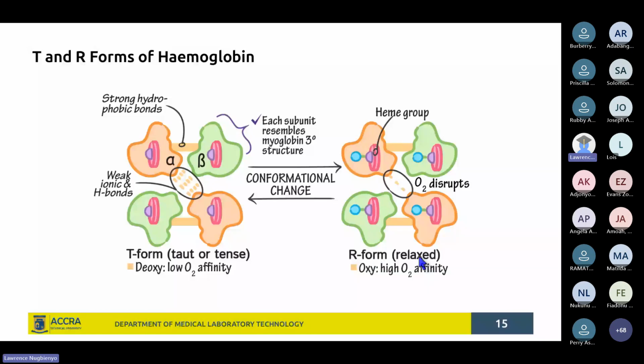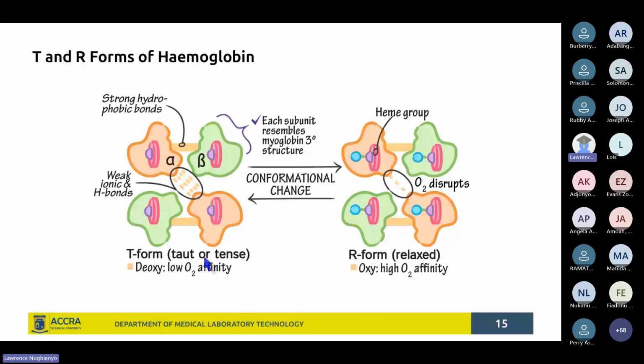Now, the T form of hemoglobin is a deoxyhemoglobin, hemoglobin with no oxygen bound to it. And you have the R form being hemoglobin which has oxygen bound to it. So that is oxyhemoglobin. You have oxyhemoglobin having the R form. You have the T form being deoxyhemoglobin.